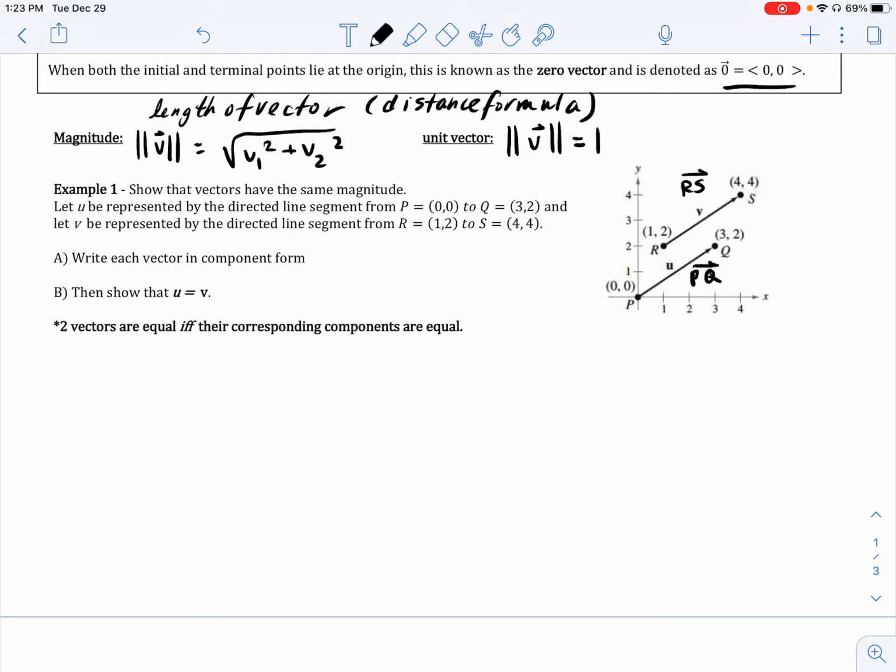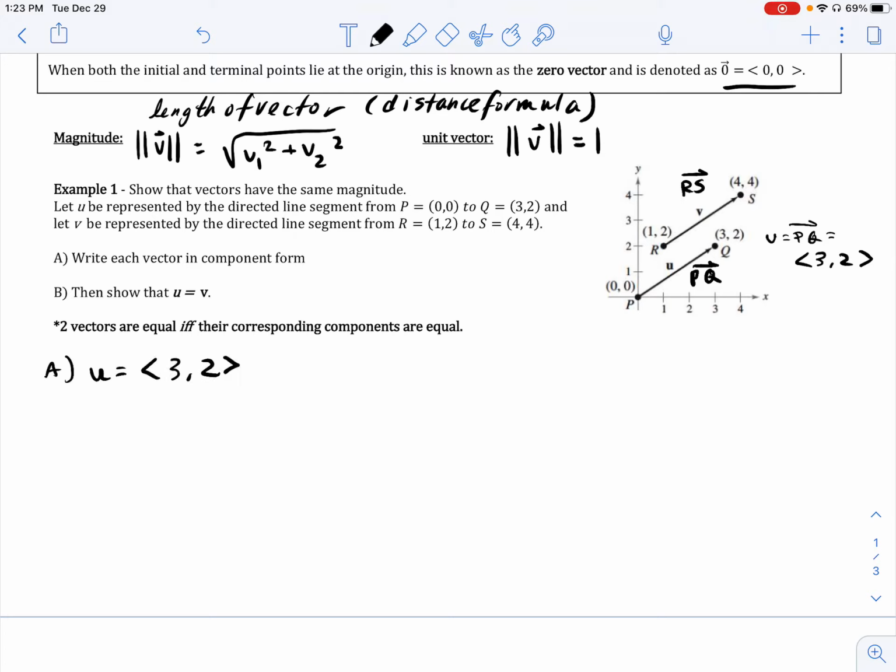Vector u, or vector PQ, can be described in its component form because it is in standard position: (3, 2). That was pretty easy for vector u because it was already in standard position. So for part A, vector u's component form is (3, 2).